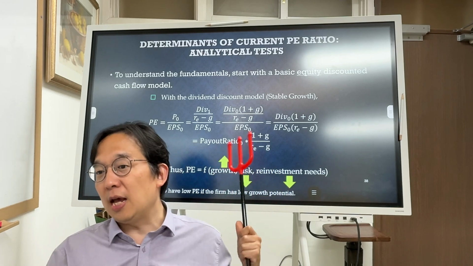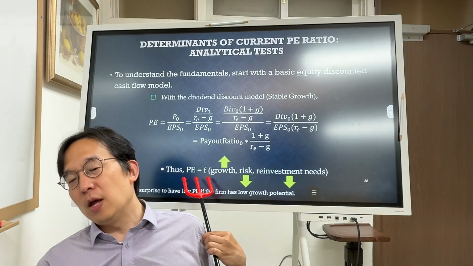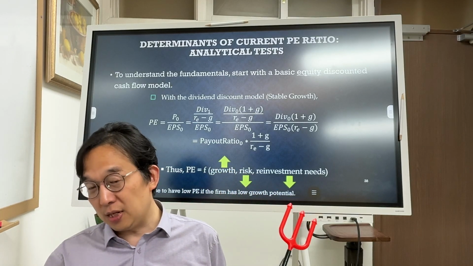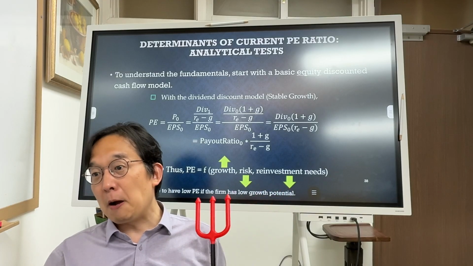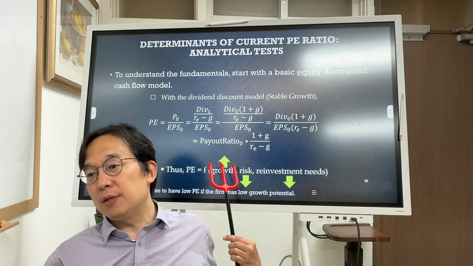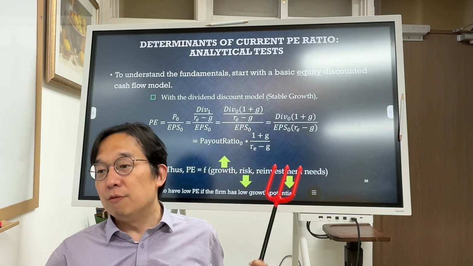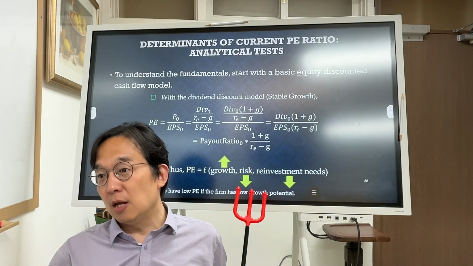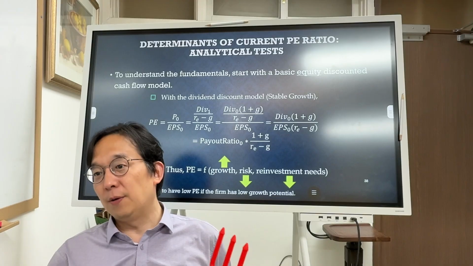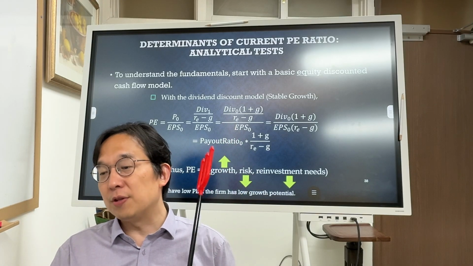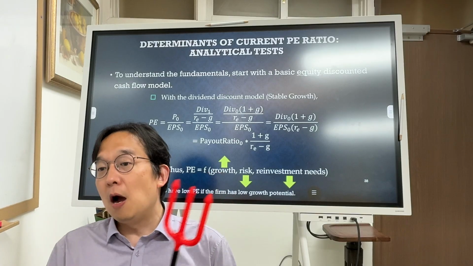Now you see that the PE ratio is a function of growth rate and risk and reinvestment needs, right? The growth rate is positively associated with the PE ratio. Risk is negatively associated, but the reinvestment need is something you have to think about further, okay?